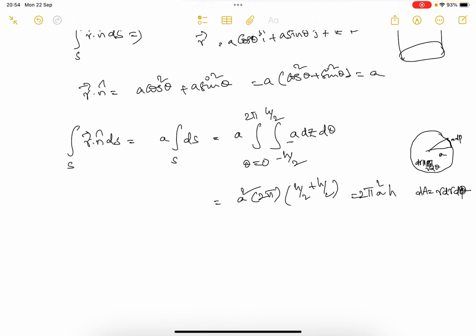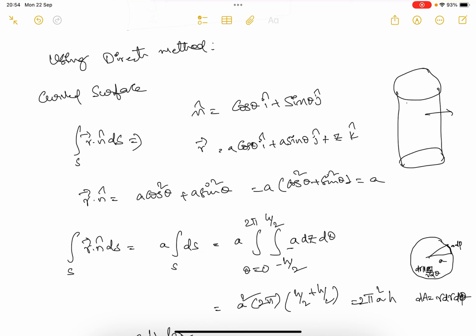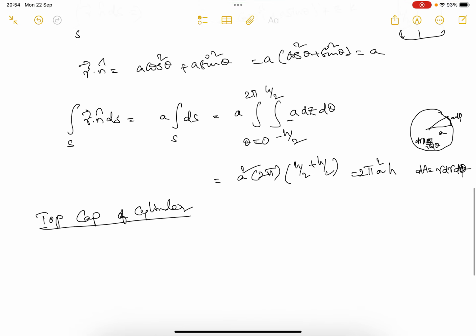Now let's figure out the contribution from the top surface, the top cap of the cylinder. At this top cap, as you can see here, the center is at z equals 0, then this top cap is at h by 2, and this down part is at minus h by 2, right? Here in the top cap, z is plus h by 2, right?